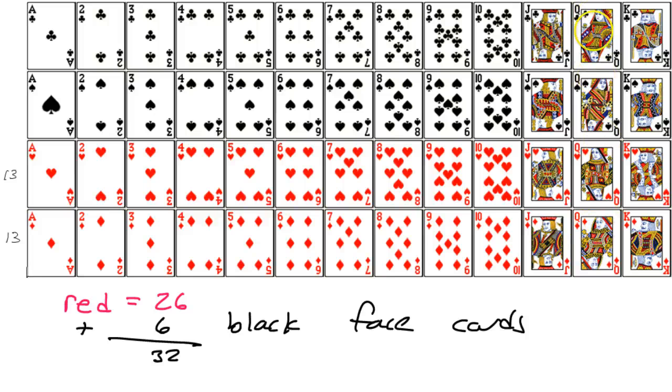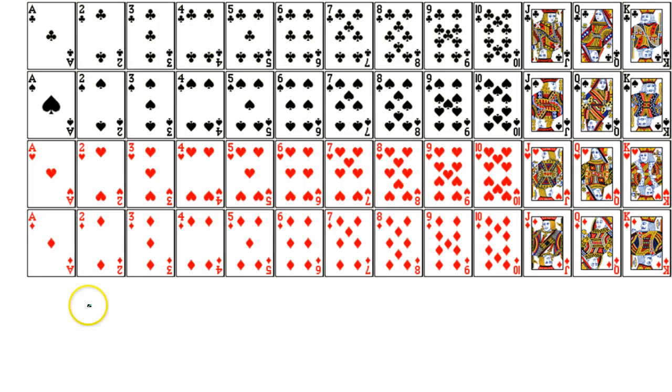So our probability of drawing that queen is 4 out of 52. Alright, probability of drawing a queen is 4 chances out of 52, which is going to reduce down to 1 chance out of 13. So that's probability of drawing a queen.